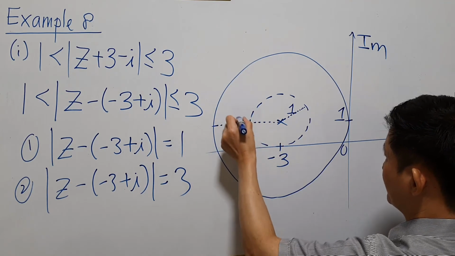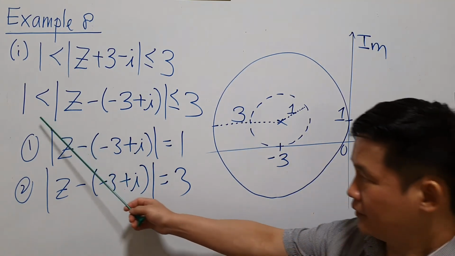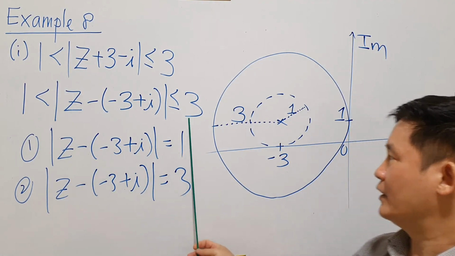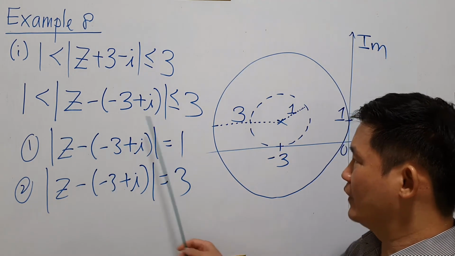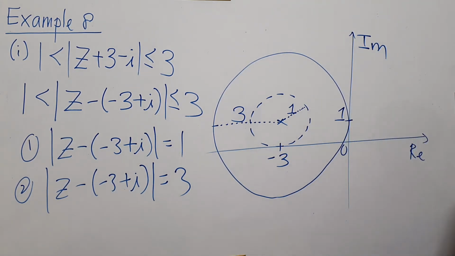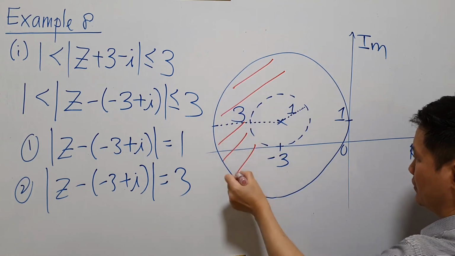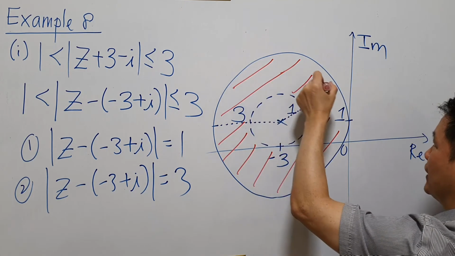Now to go back to the original inequality condition, you want the distance to be between 1 and 3. Therefore, all those complex numbers that are between 1 and 3 units away from this point must lie within here. So you do shading like this.